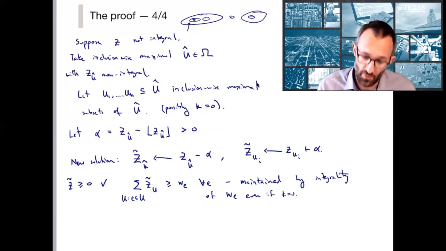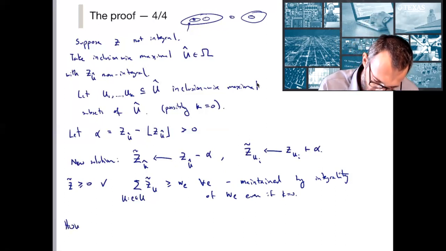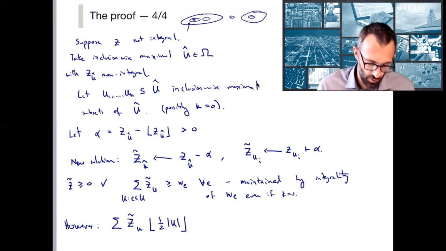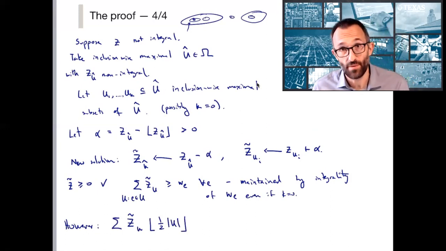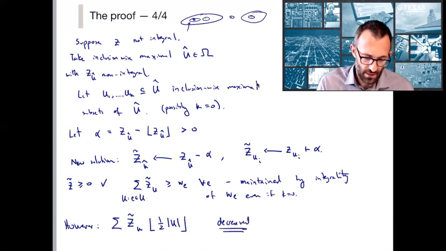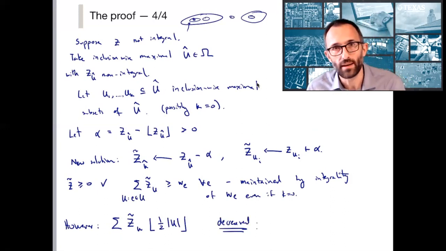But now let's look at the objective. So our objective is the sum of z u tilde times the floor of 1/2 the cardinality of u. And my claim is that this is decreased. And why is that? This is decreased because of this weighting.